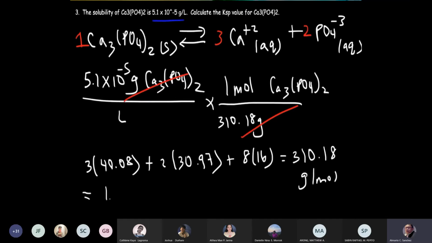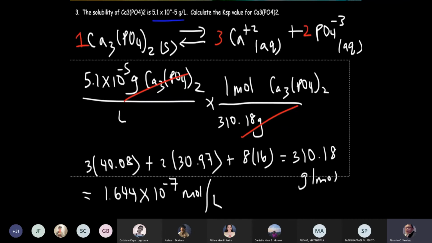And so this is going to be 1.644 times 10 to the negative 7 moles per liter. So that's the molar solubility. That's the first thing we need to do before we calculate the KSP.